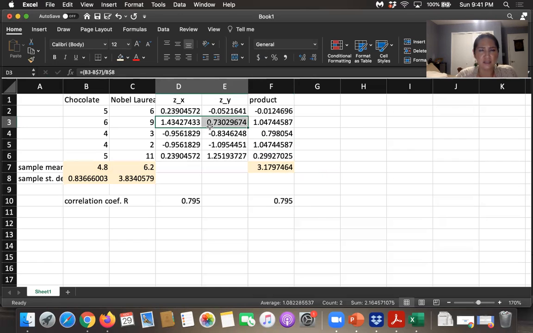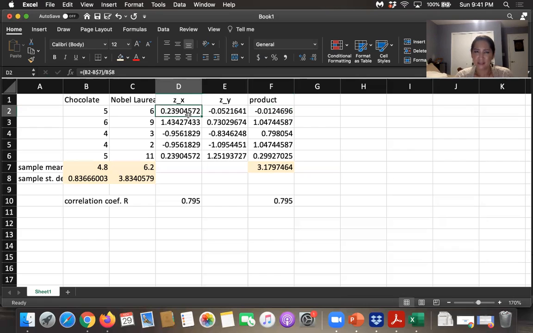Here I've got 2 z-scores corresponding to x values and y values that are above their means. When we multiply those together, we get a positive product. The only time we get a negative product is when you have one that is a number of standard deviations above the mean and the other one that is a number of standard deviations below the mean. And we only had that happen once with this first ordered pair.